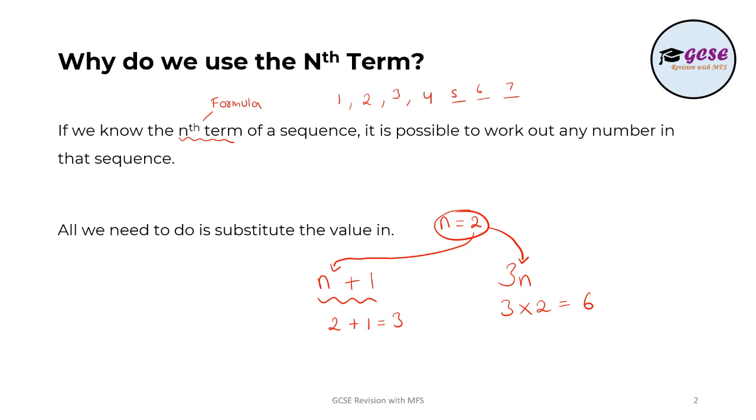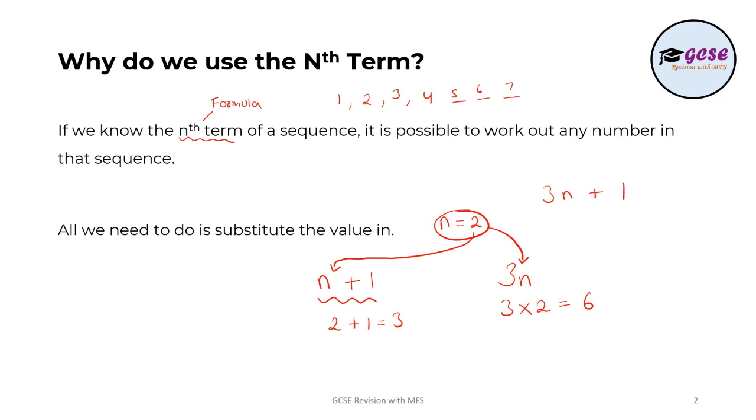So as you can see, substitution is a really key skill. Now, in a linear sequence, you will have an nth term of something like 3n plus 1. That's an example of an nth term of a sequence. Let's say that n is 2. How would we work out the answer?